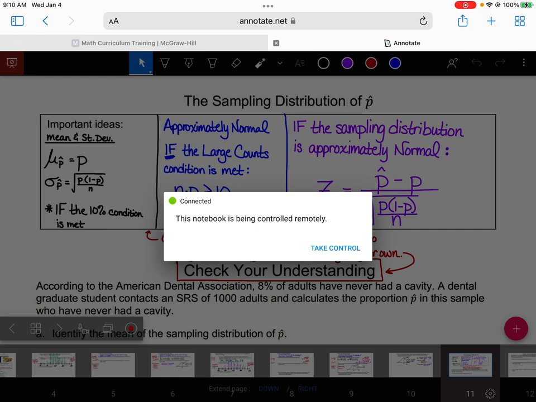If the 10% condition is met. If the 10% condition is not met, then I can't look at this. As long as I have not sampled more than 10% of the population, it is approximately normal if my large counts condition is met.